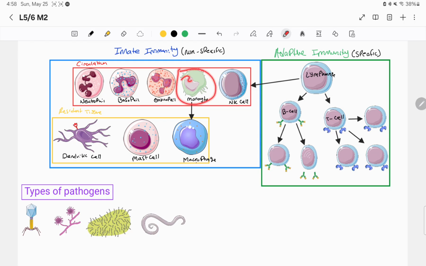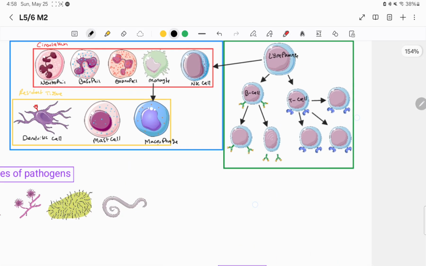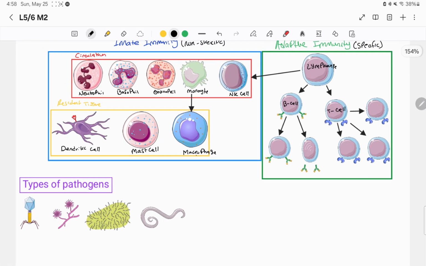Whenever these monocytes come outside of the circulation and come inside of a tissue, they start to change into a macrophage, and they become better at their function, and they become a little bit bigger as well. They enlarge and become better at their function, which we'll talk about in a second.